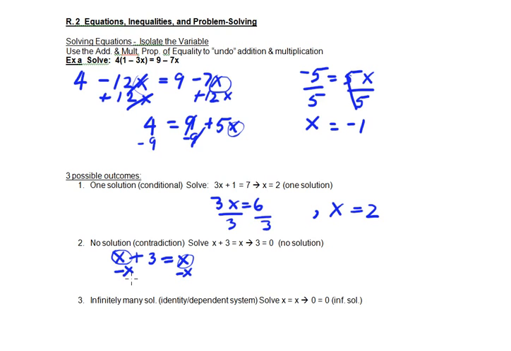But what you would see is that x minus x on the left is equal to 0, and then you still have plus 3. But on the right hand side, x minus x is also equal to 0, and so you end up with this contradiction that 3 is supposedly equal to 0, but that's impossible. And what that means is that there is no value of x which can possibly satisfy this equation, and therefore there is no solution.